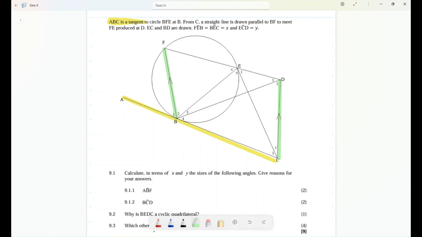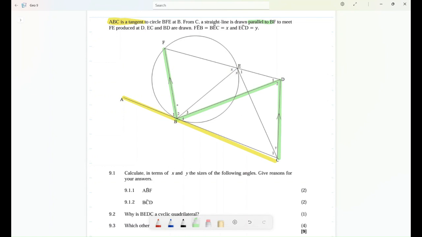Now, before I move on, I like to say, all right, I have my parallel lines, so all my parallel properties will apply. Now let's see which one might apply. The first one might be this one. I come from F to B, from B to D, like this.